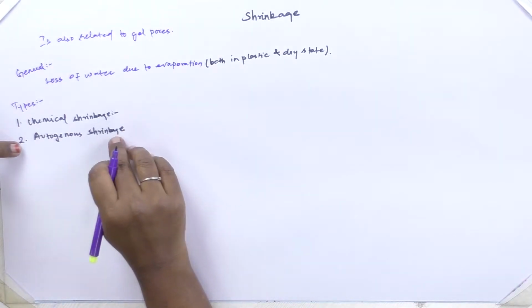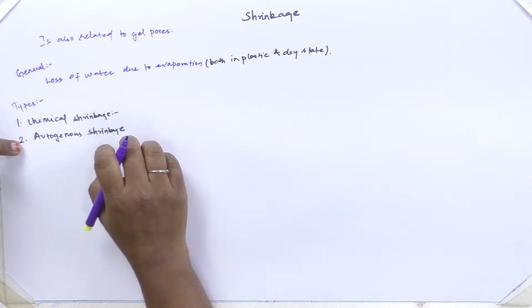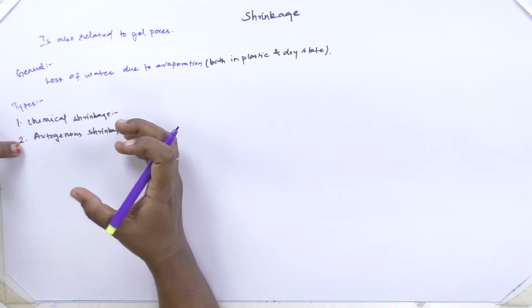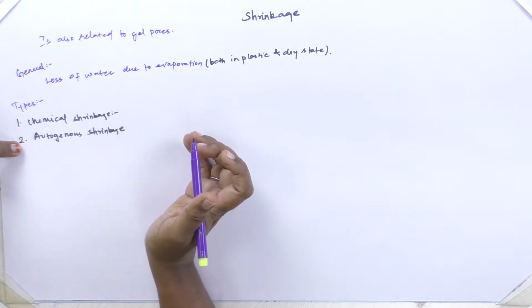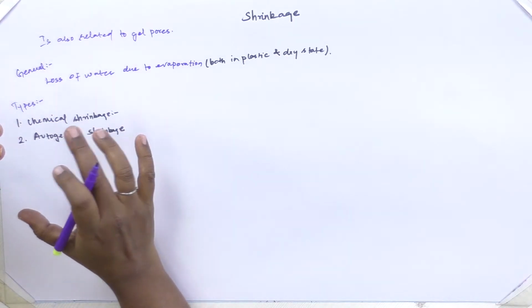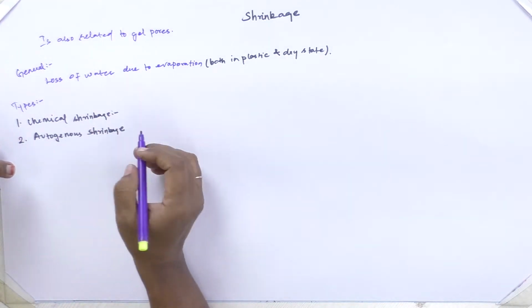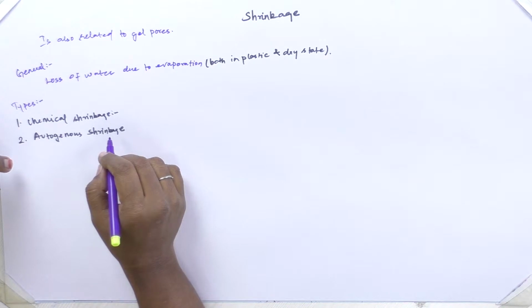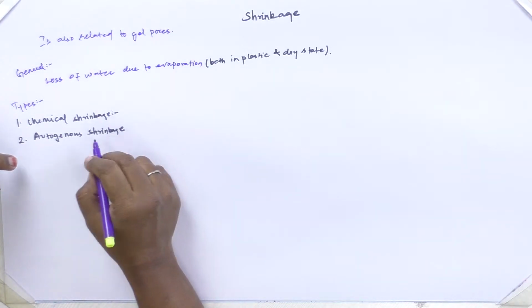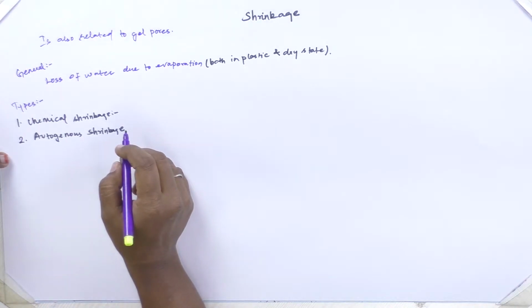This arises mainly because the ingredients which are in the plastic stage are being converted into the solid stage. Because of this transition, there exhibits a reduction, and that reduction is called autogenous shrinkage.